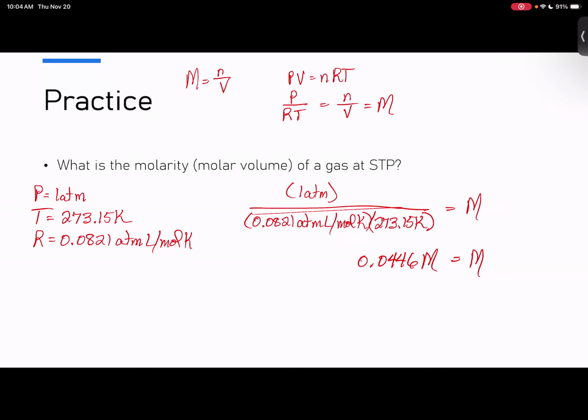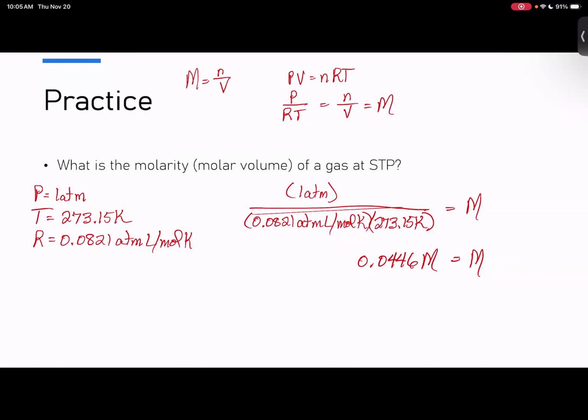Again, probably what should be the hardest thing is manipulating equations to solve for the desired variable. But everything boils down to 3 key equations that we have discussed since Monday. The ideal gas law, Dalton's law of partial pressure, and then the third is the pressure times volume is equal to the mass times RT over the molar mass.